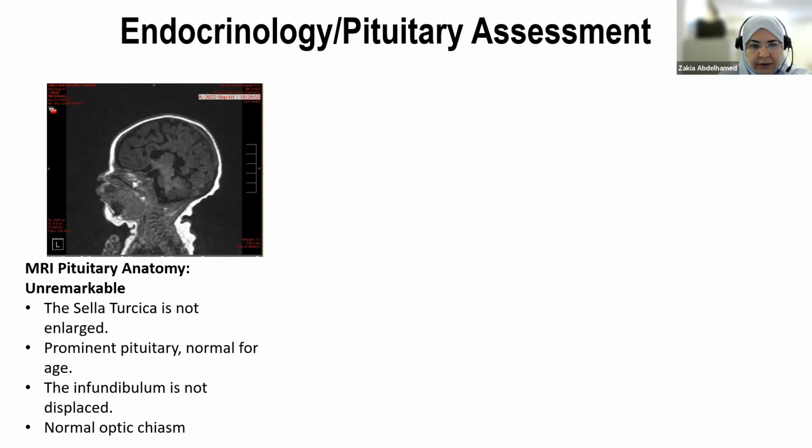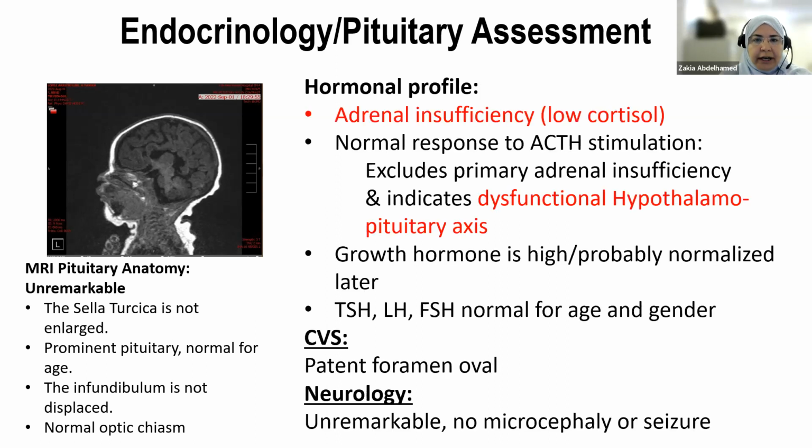The endocrine assessment shows that she had adrenal insufficiency, as evidenced by low cortisol levels. However, she showed a normal response to adrenocorticotropic hormone stimulation, which indicates that she doesn't have a primary adrenal problem, but rather a dysfunctional hypothalamo-pituitary axis.